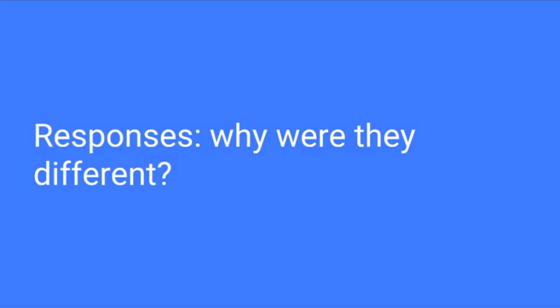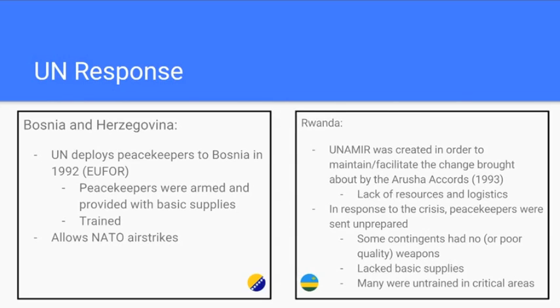They were able to help to some extent. And most importantly, they were actually sent in. Rwanda, however, didn't receive any additional help beyond the UNAMIR, right? Yeah. Peacekeepers already there that had only been stationed there to ensure that the aftermath of the Arusha Accords would go as planned. I think I already said this, but just to go over it again.